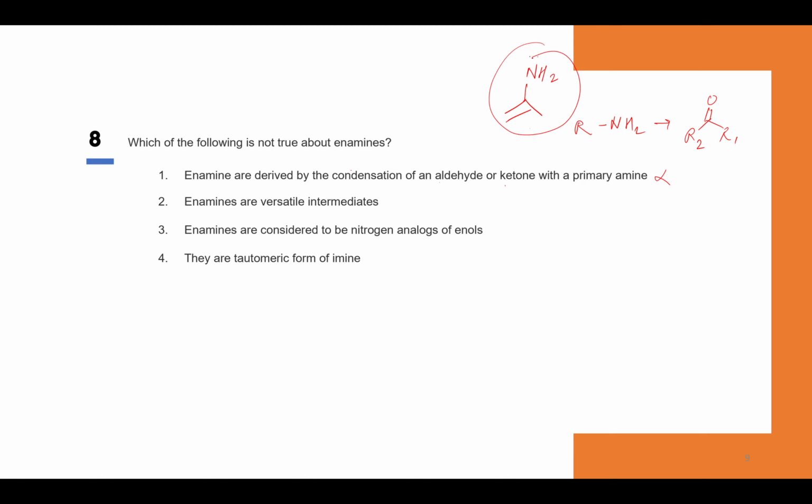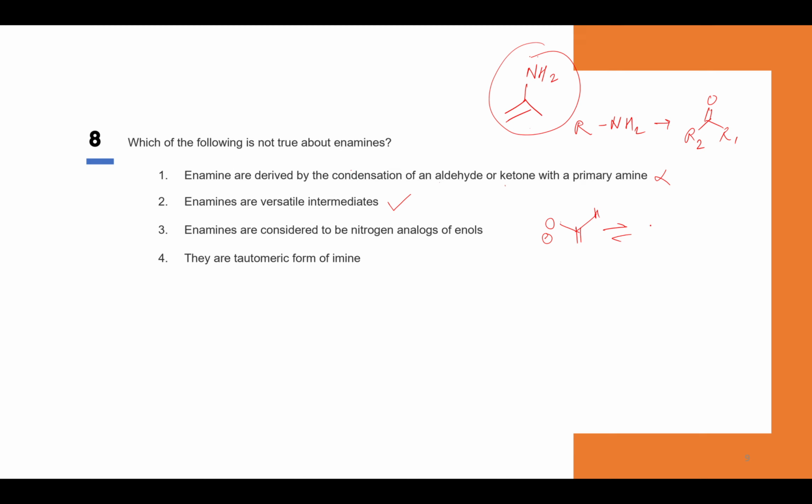Enamines are versatile intermediates. Of course, these are versatile intermediates. This is the correct statement. Then, enamines are considered to be nitrogen analogs of enols. So, what is enol? All of you know that enol is this way, right?